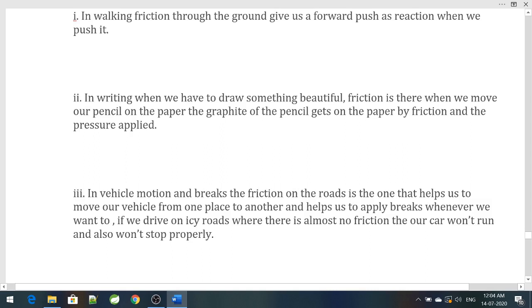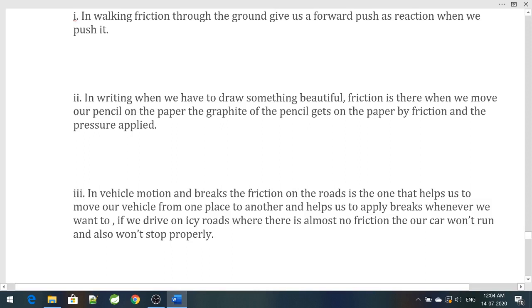When we move our pencil on a paper, the graphite of the pencil gets on the paper by friction and the pressure applied. The material used in a pencil is graphite, and with a little pressure, with the help of friction, the writing is printed on the paper.